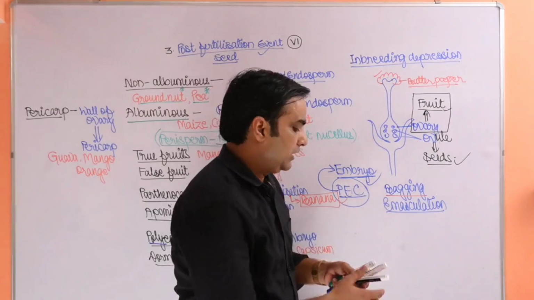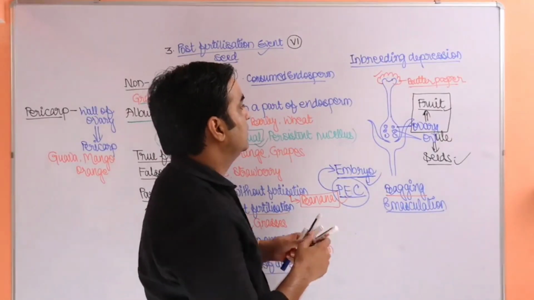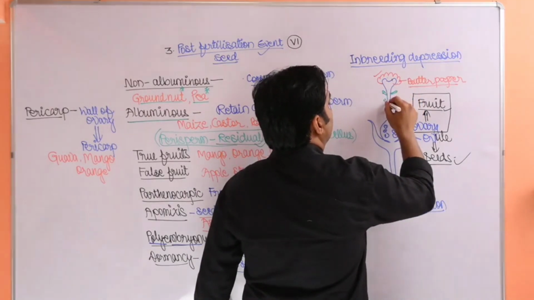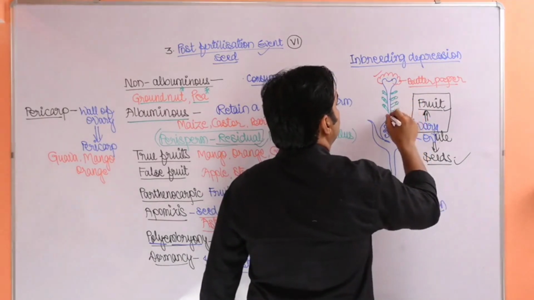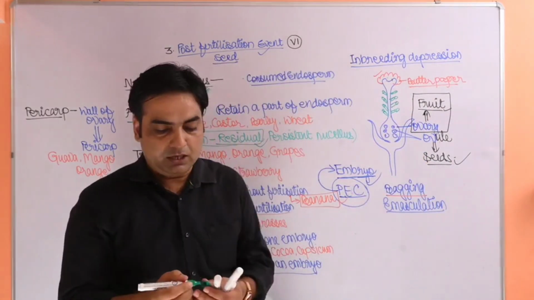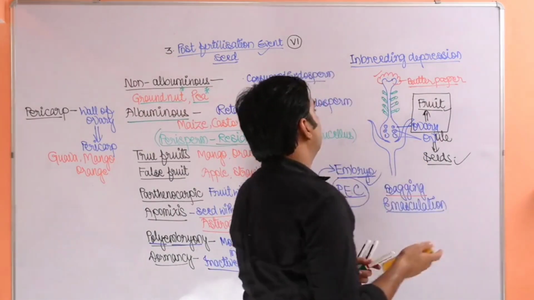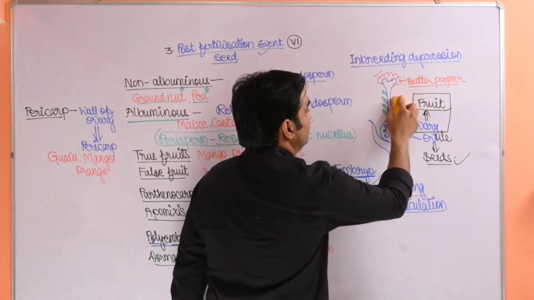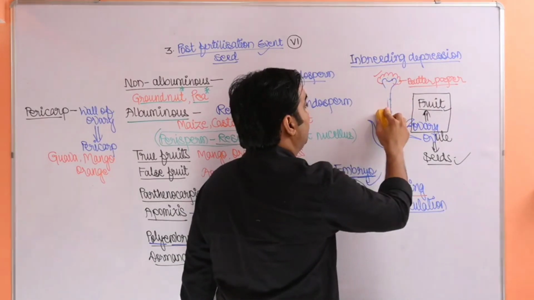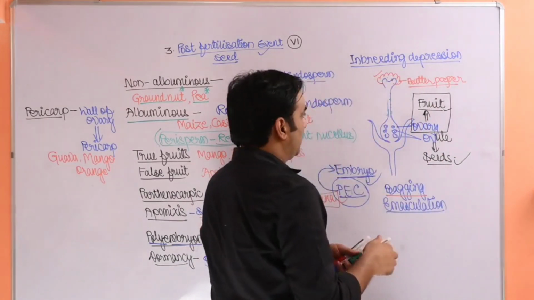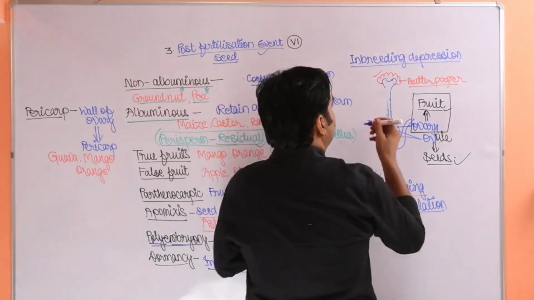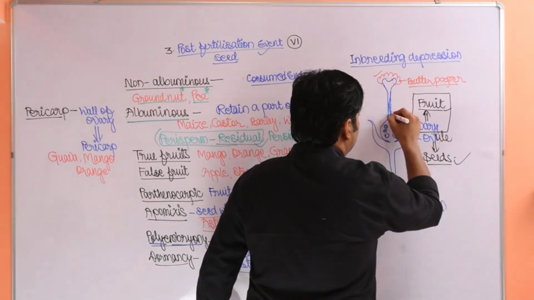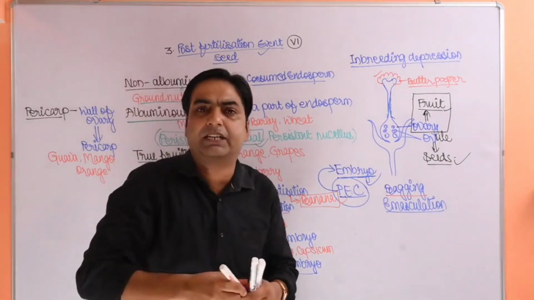The next is emasculation. In the flower, you would have seen the male gamete and female gamete present in a single flower, which means it is bisexual. So what will happen in the flower? The male reproductive system will be taken out. It will be plucked out using forceps, so the complete stamens are taken out.